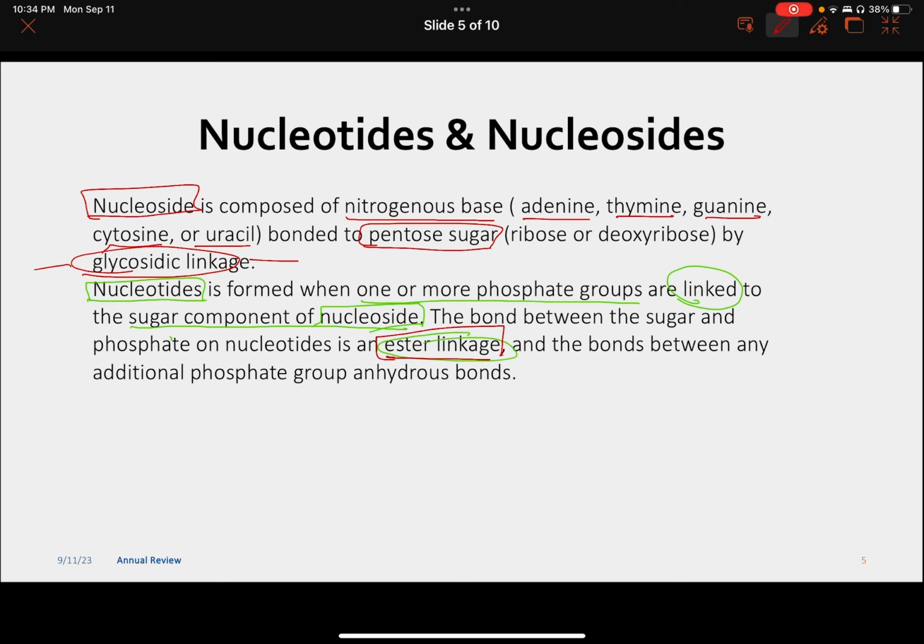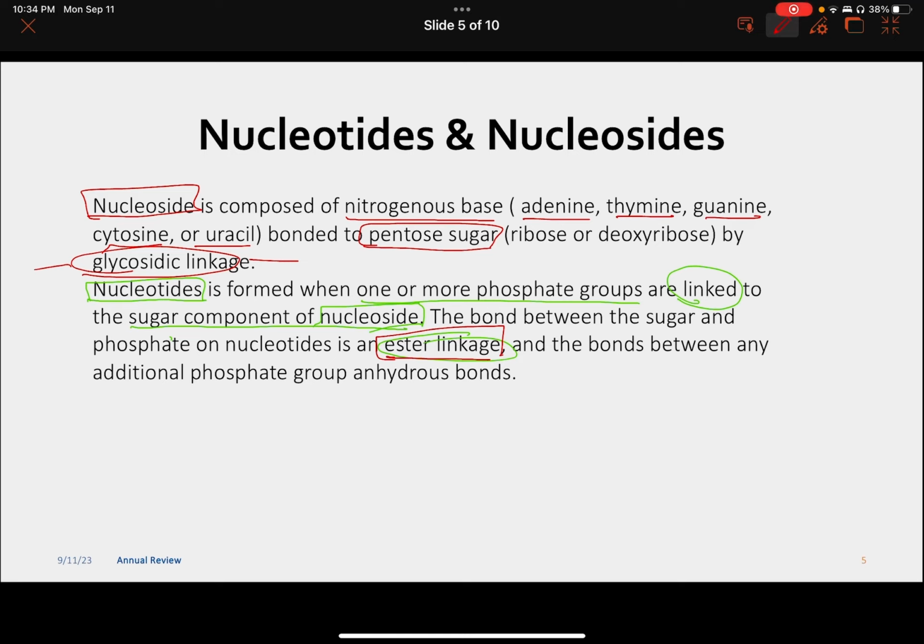I want everyone to point that out once they're in class, or when they ask, what's the difference between nucleosides and nucleotides? Simple, right? Nucleosides are composed of a nitrogenous base bonded to a pentose sugar by a glycosidic linkage.